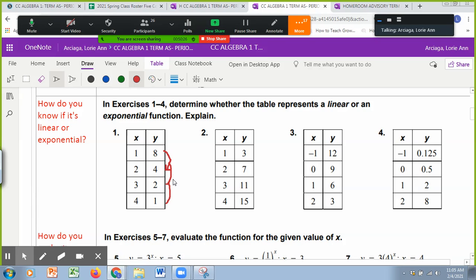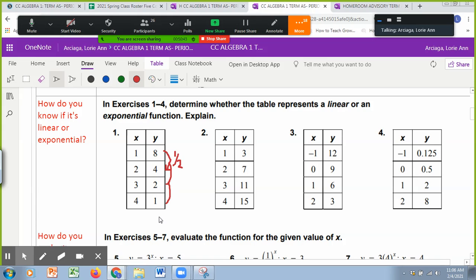So how do your y values change? Divide by 2. Very good. In other words, you get 1/2. So you divide by 2.